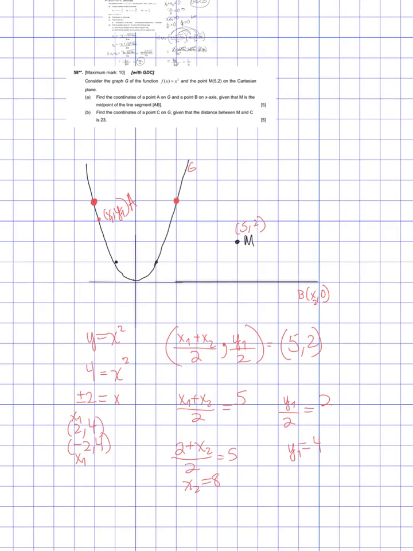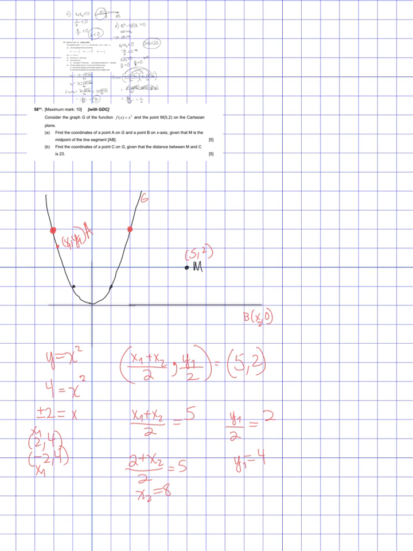So if that's the case, 5, 6, 7, 8. So here we go. So this is the point (2, 4). And that's the point on G, the point on the x-axis is going to be (8, 0). So you can see that M is the midpoint there, okay?